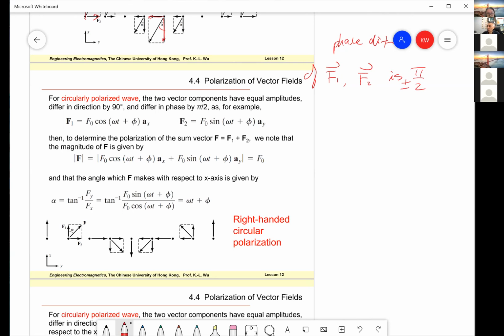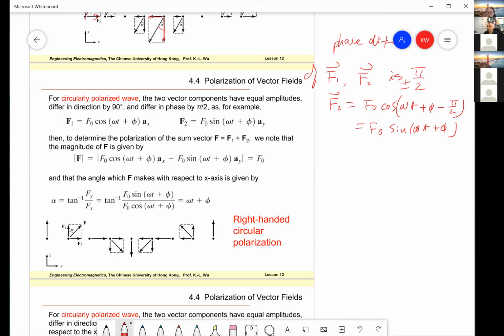So let's say F1 has constant magnitude, cosine omega t. If F2 is 90 degrees in advance, then it equals sine omega t plus phi.